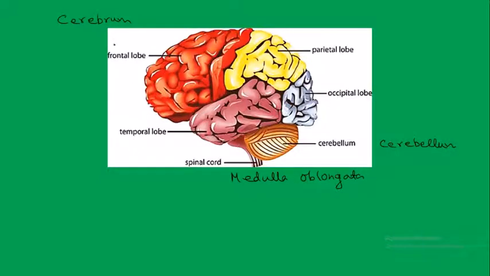The cerebrum is all this twisted kind of noodles that is present. This lower region is known as the cerebellum, and this trunk-like thing originating at the base is known as the medulla oblongata. So these are the three regions of the brain.